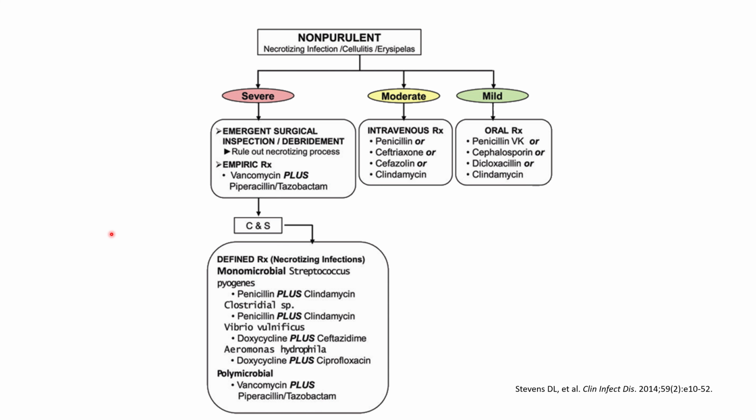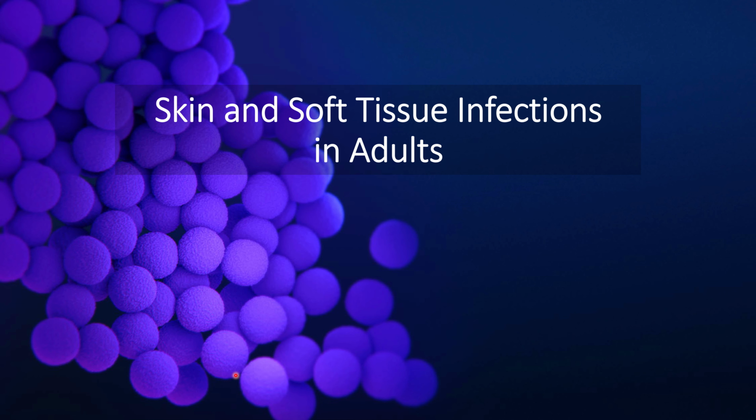And of course, if it's polymicrobial, there's not much you can do, so you just maintain your empiric broad spectrum treatment of vancomycin plus piptazo if you cannot pinpoint what's causing it, because these are severe infections, so patients can die from necrotizing soft tissue infections. So this concludes this presentation.